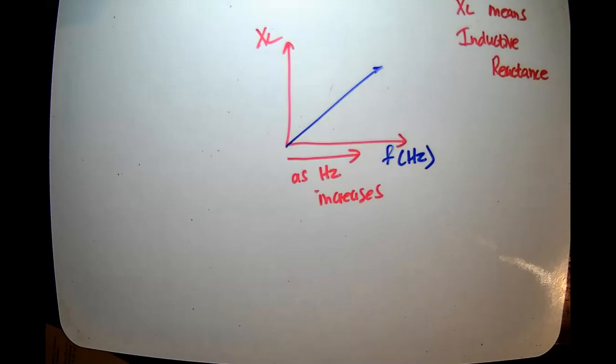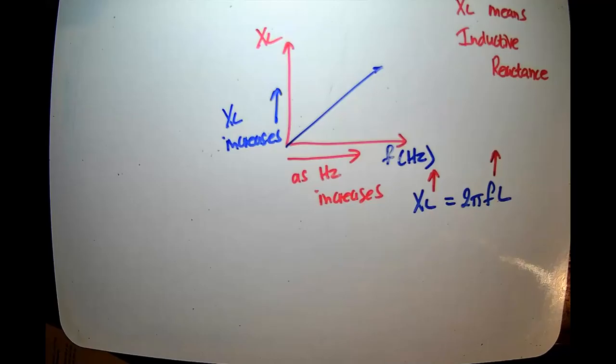So as the frequency increases, XL increases. So the formula for inductive reactance is 2 pi FL. Notice that if F increases, XL increases. If L increases, XL will increase. This is what we call directly proportional. So this graph here is what we call directly proportional.